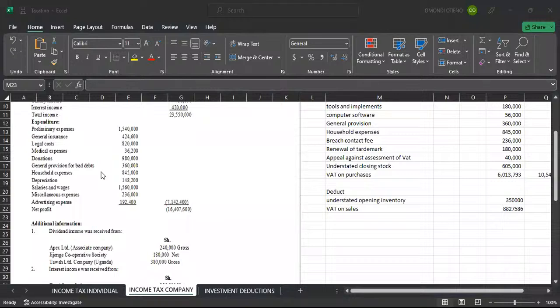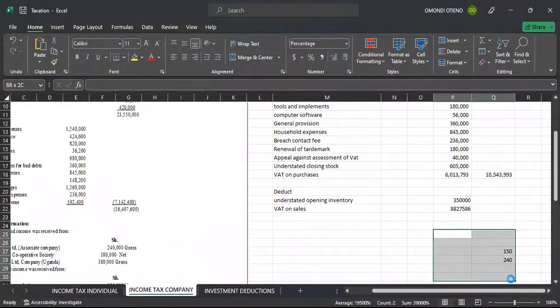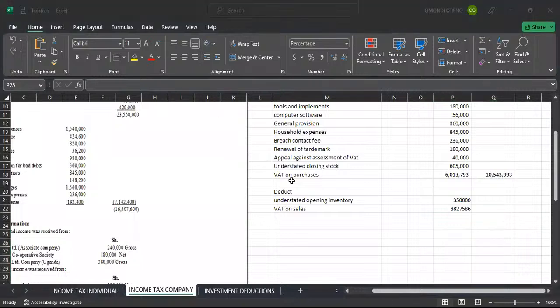Another item. Some people are asking me about the photocopying machine, which was given there. We said VAT on both purchases and sales is not supposed to be recognized as sales, and also not supposed to be recognized as expenses.